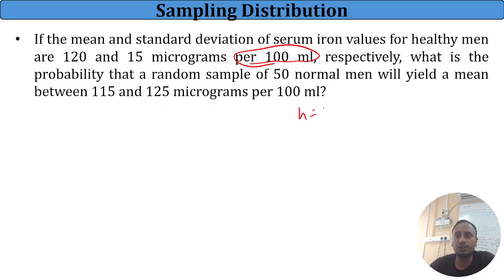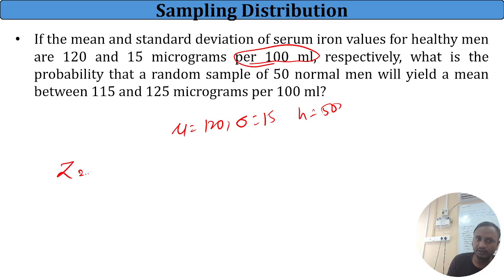So n is equal to 50, mu is equal to 120, standard deviation we have 15. So z is equal to x minus mu upon sigma upon root n.